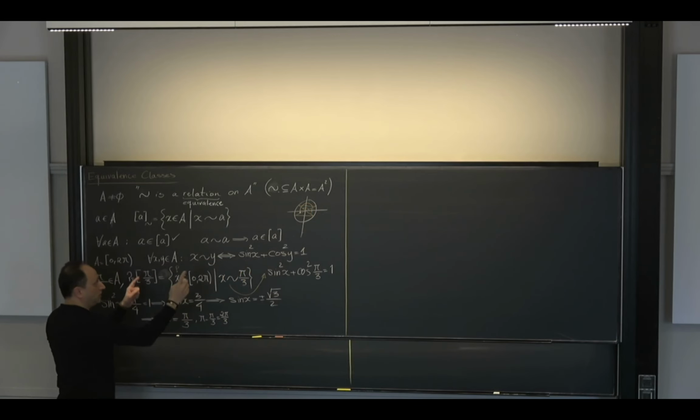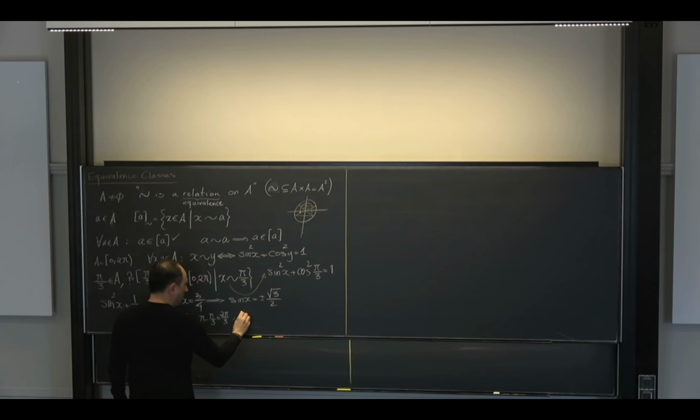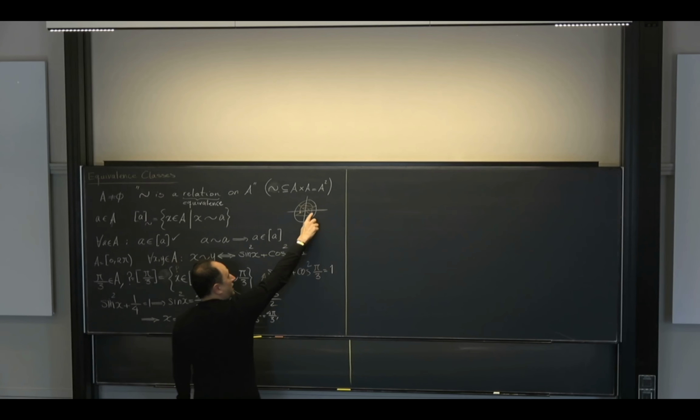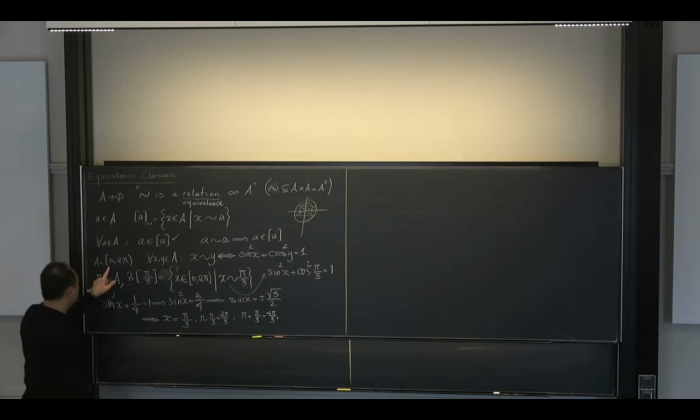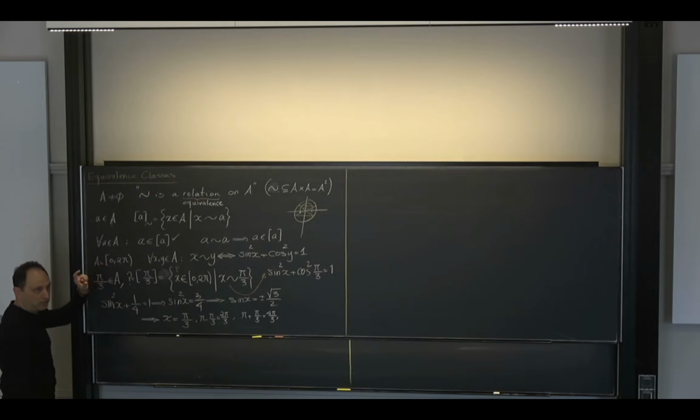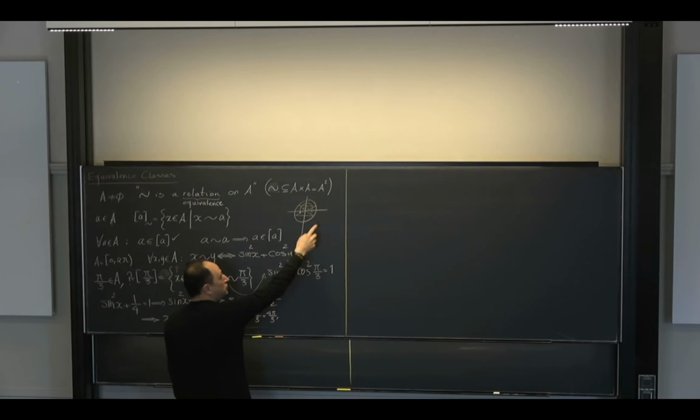This angle will be 180 plus 60, which is 4 pi over 3. But this other angle, I can call it minus 60. From a trigonometric point of view, minus 60 is also okay, but minus 60 is not within my set. So I have to write the name of it which is inside my set. What is that? 2 pi minus pi over 3, yes?